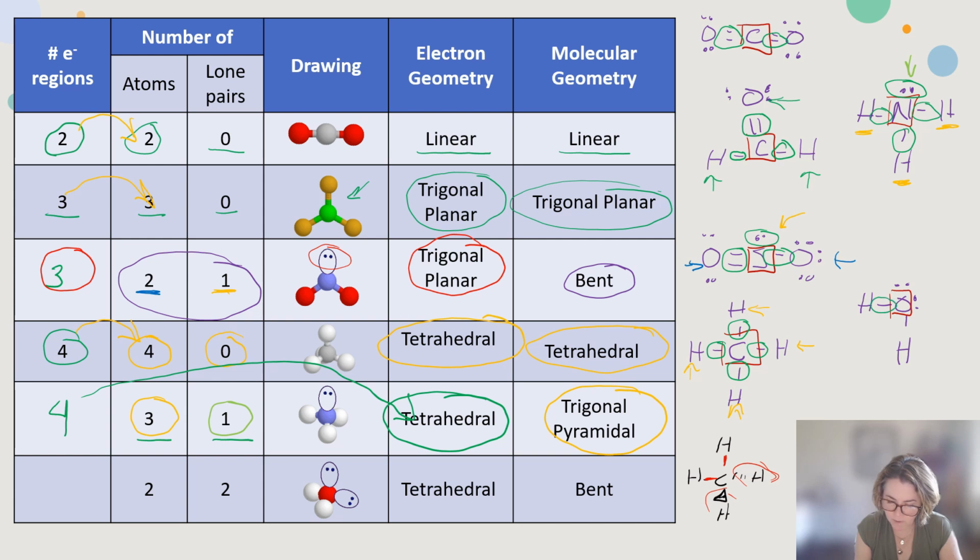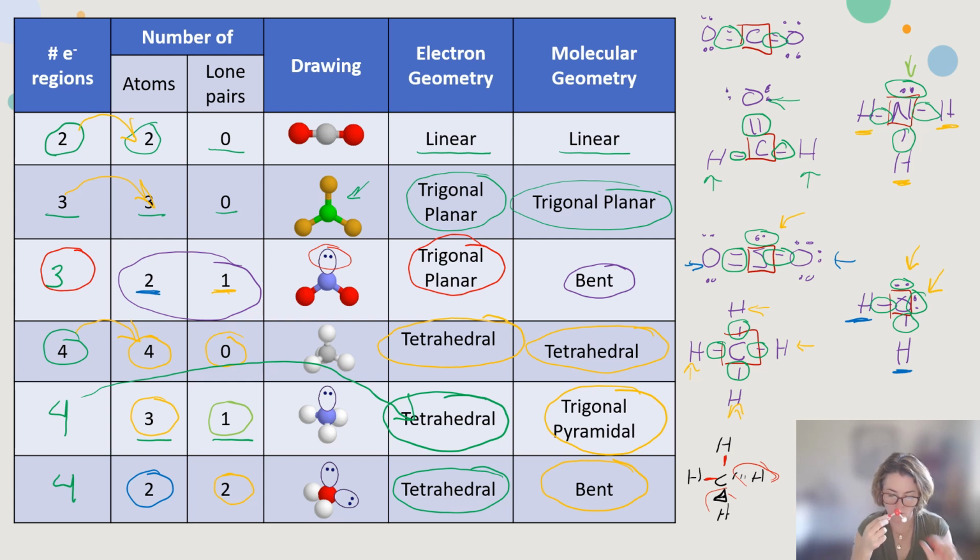I have 2 bonds and 2 lone pairs, giving me 4 electron regions, which again means that my electron geometry is going to be tetrahedral. I have 2 atoms and 2 lone pairs. That is going to make the shape of this molecule bent.